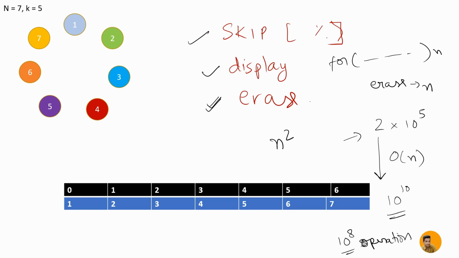Therefore we need to come up with a better algorithm or a better data structure. So we will use a policy based data structure, and that will make the erase operation go in log n time complexity.